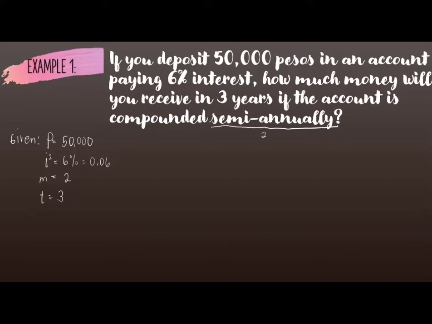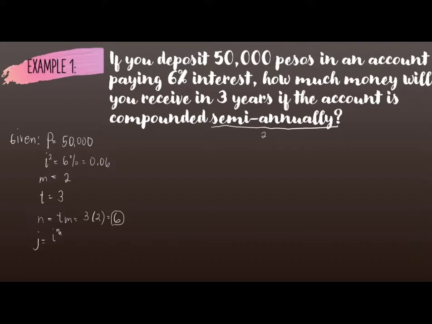So, 3. So, dito, pwede na nating ilagay din si n, computein si n, tsaka si j. Kasi yung n natin, t times m lang. So, 3 times 2 is equal to 6. So, yung total number of conversion period is 6. Then, pwede rin natin computein si j, yung interest rate per conversion period.